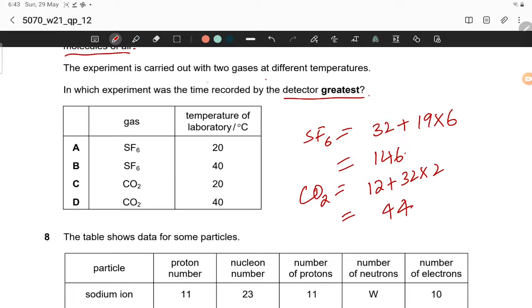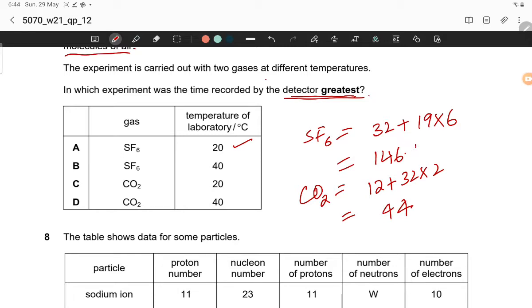So the experiment is carried out with two gases at different temperatures. In which experiment was the time recorded by the detector greatest? This is 20 degrees centigrade, SF6, time detector greatest.